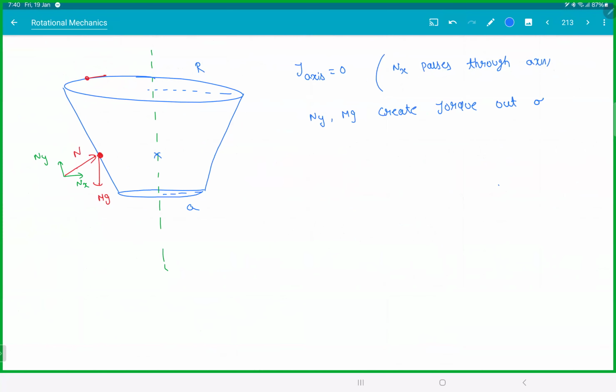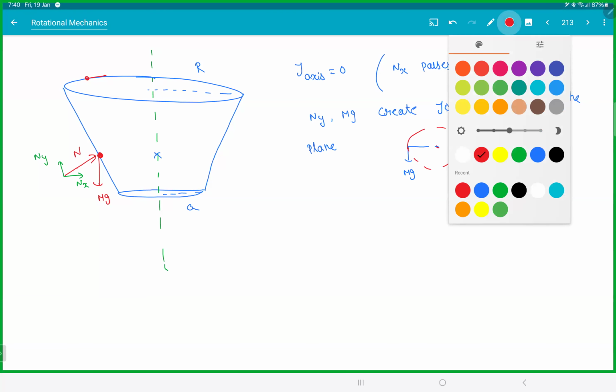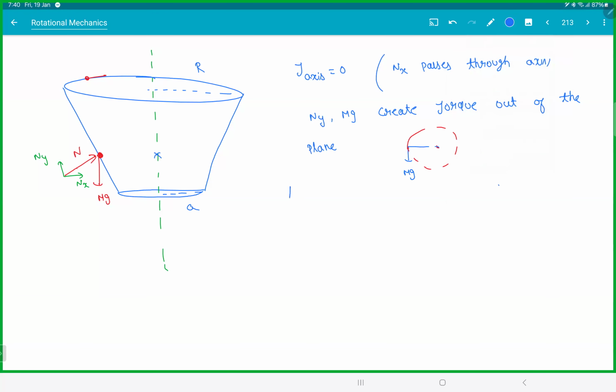So be careful. That will be the statement. Is the torque zero? Torque is not zero, but torque about the axis is zero. If you see this is mg, this would be like this, out of the plane. So torque about the axis is zero. So L about the axis is conserved.